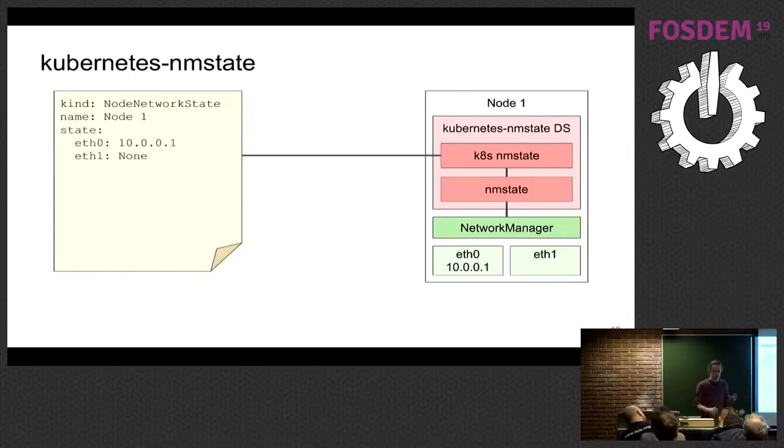Once this is created, it reflects the network state of the node. This is not the API we use, it's just a simplified version. It says that ETH0 has IP address 10.0.0.1, and there is no IP address on ETH1.